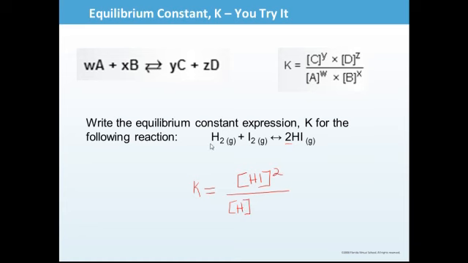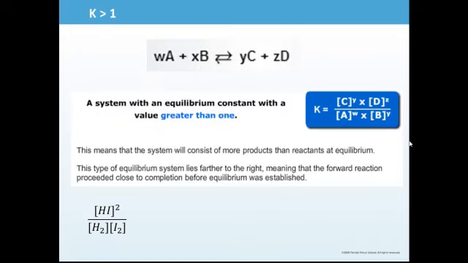Hydrogen does not have a coefficient, so I don't have to put anything there. And I'm multiplying by the concentration of iodine, and that does not have a coefficient, so I don't have to put anything as that superscript. That's the equilibrium constant.